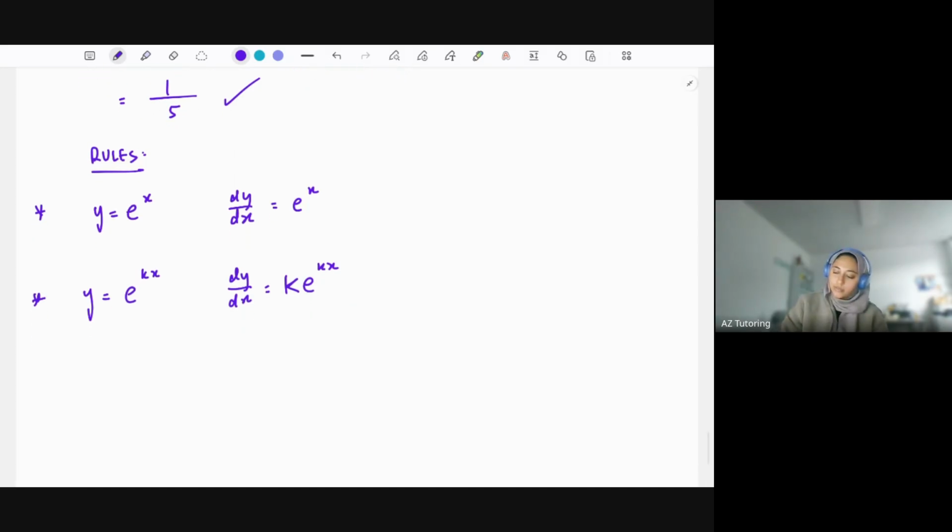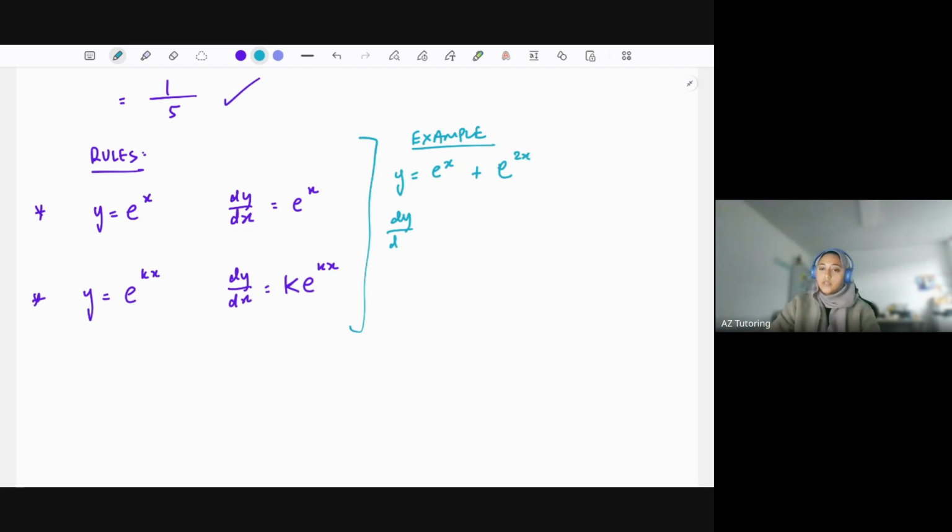As an example, if I was to differentiate y equals e to the x plus e to the 2x, the differential of this would just be e to the x, because the differential of e to the x is just e to the x. And then for e to the 2x, the 2 comes in front, and then times e to the 2x again. So that just remains.